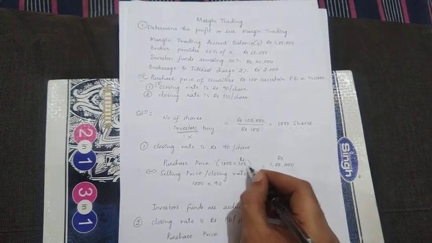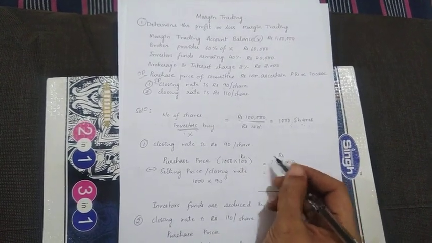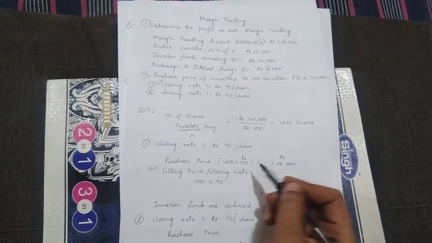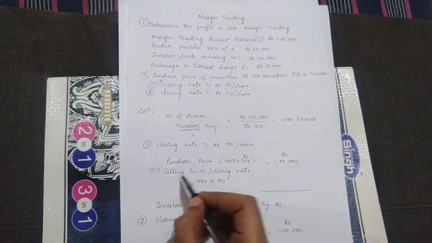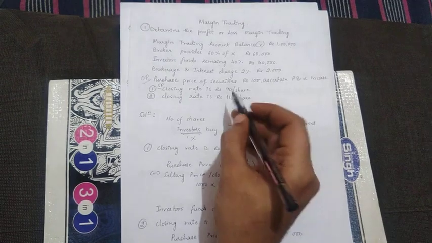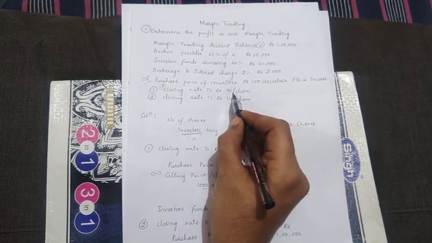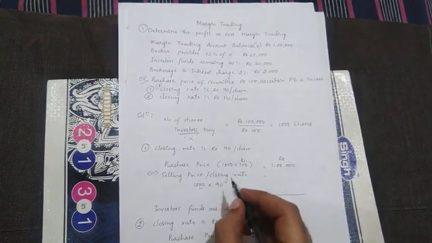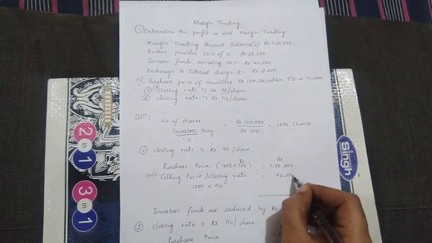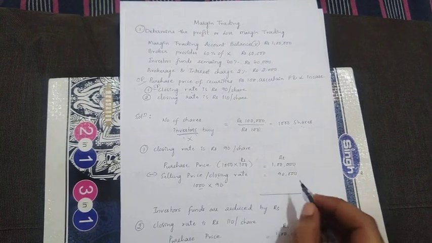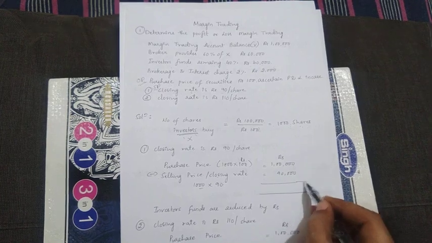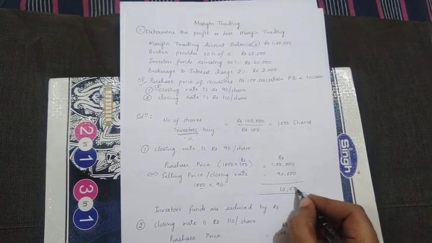You can use either technique. Minus the selling price: 1000 shares at 90 per share gives 90,000. According to our formula, the difference we get is 10,000.